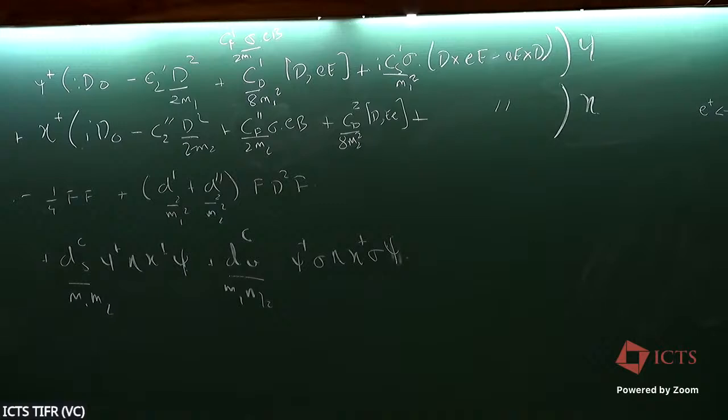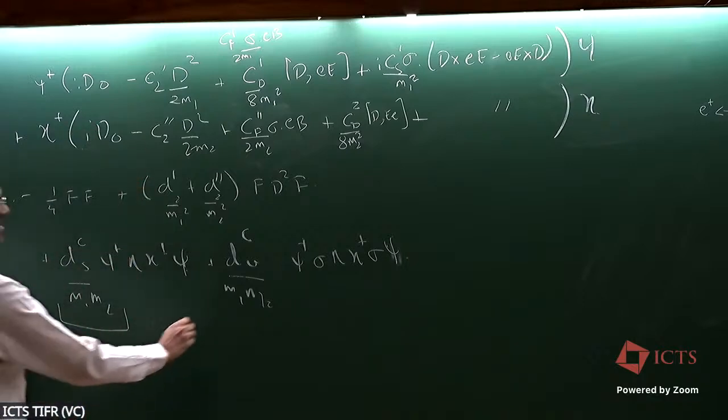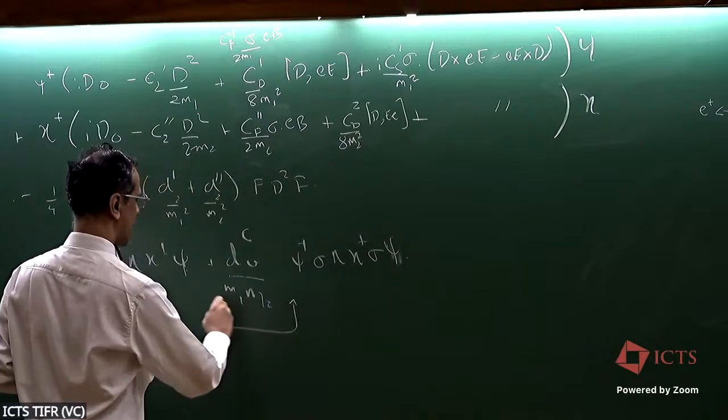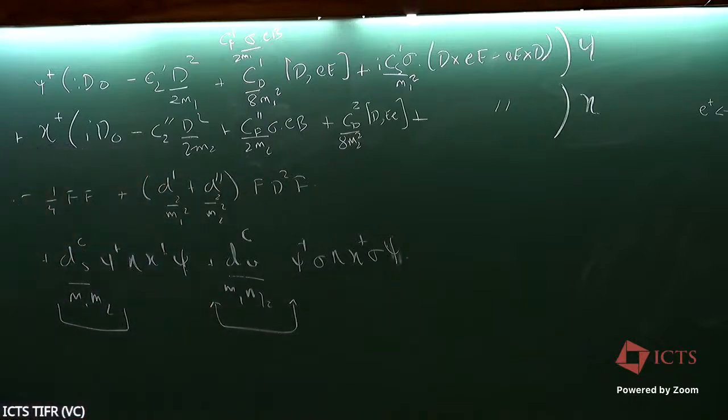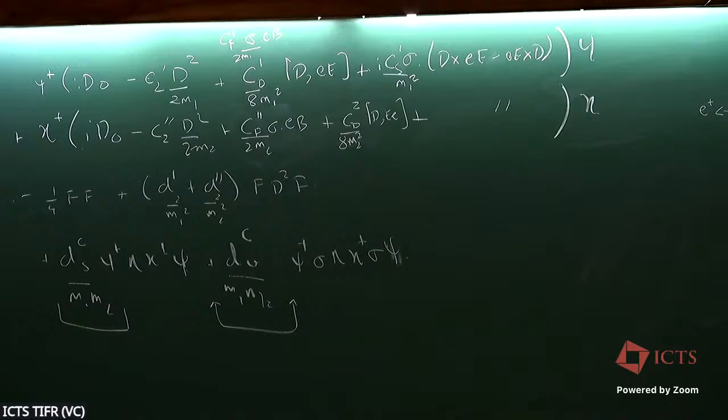The slightly new terms that don't descend from the QED Lagrangian directly are these terms. And one can think about how you get them from matching with the underlying theory. So let's try and look at that.